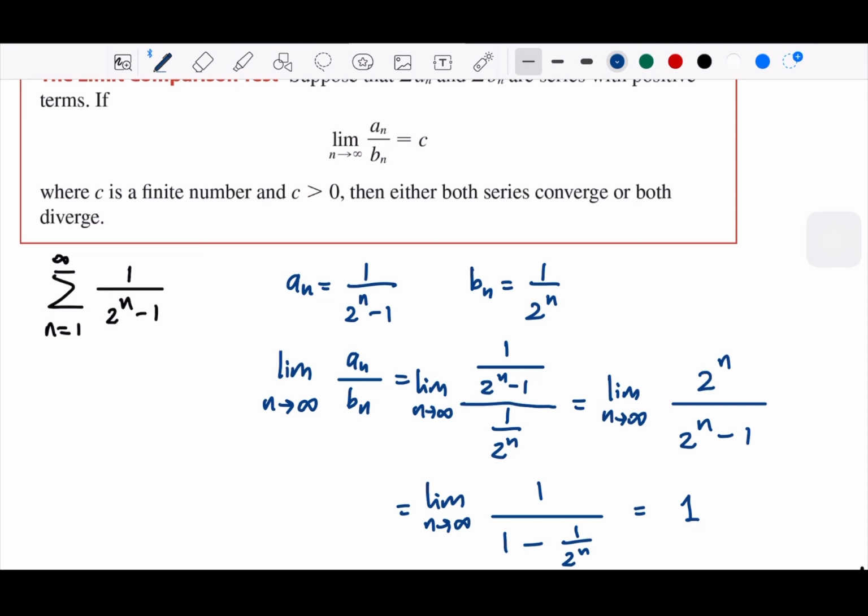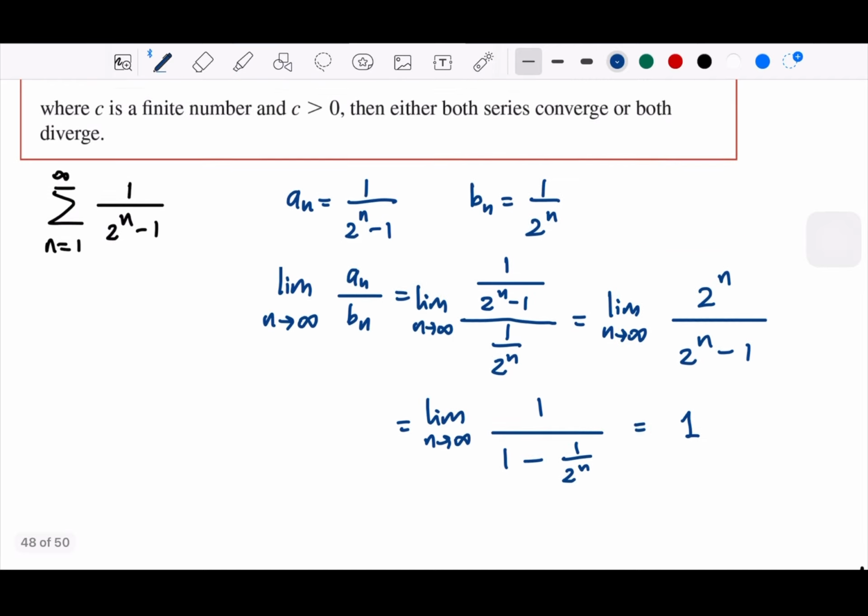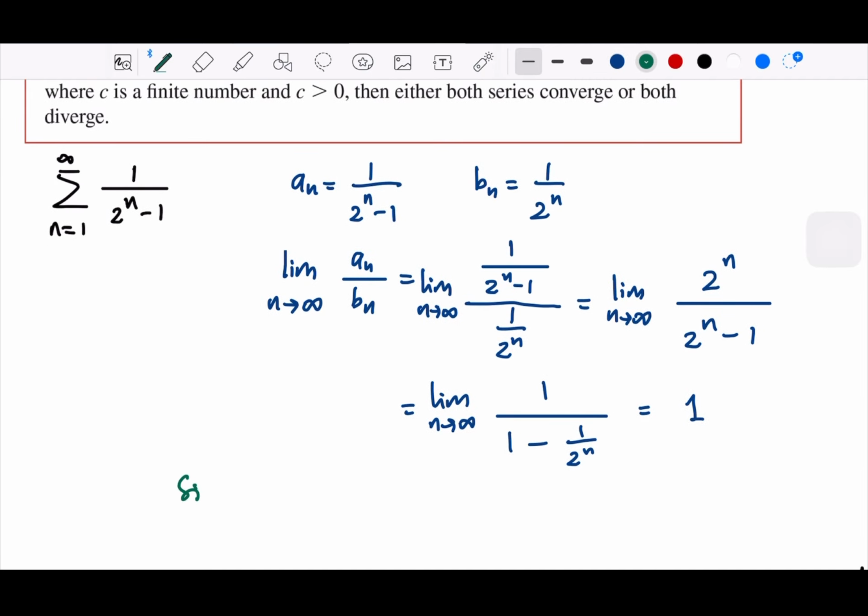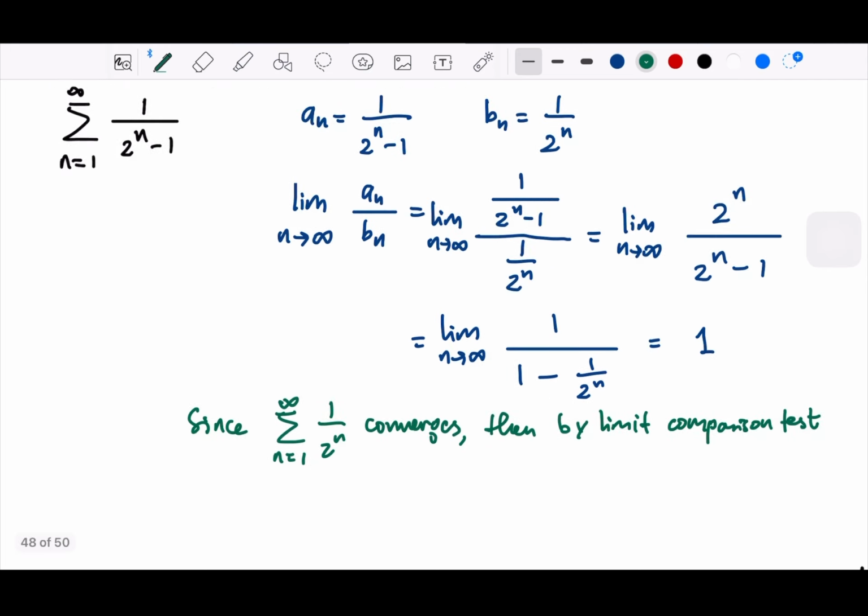It depends on bn. So since we know that this series converges, then by the limit comparison test, this series also converges.